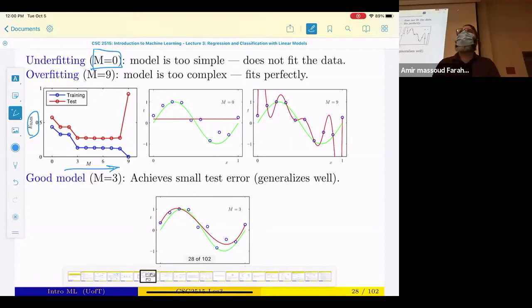If you recall, when k was equal to 1, training error was 0 because we fit every data point, but it is not necessarily the best testing error. Now M is our hyperparameter. Here blue is training, red is testing. When we increase the model order, the training error starts decreasing, and at some point it becomes exactly equal to 0.